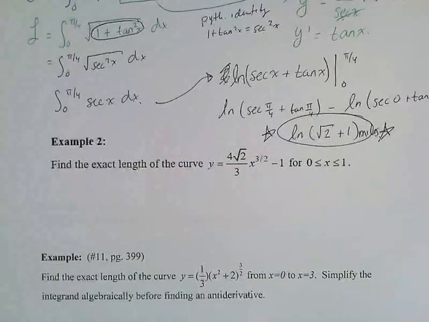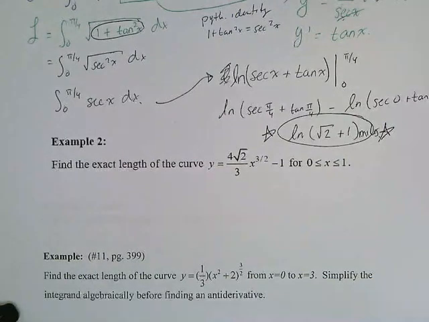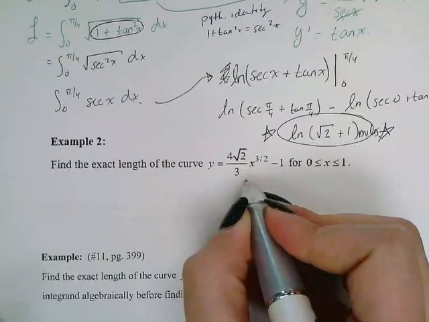Alright, finding the exact length of the curve. Find the exact length, or the arc length, of that curve right there. We really don't have to look at the graph for this.